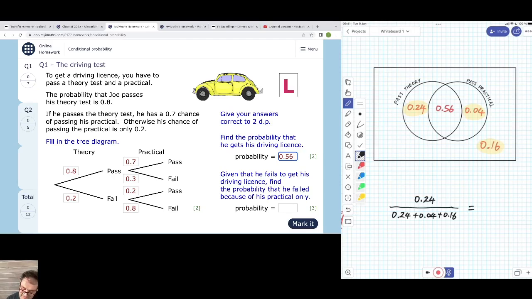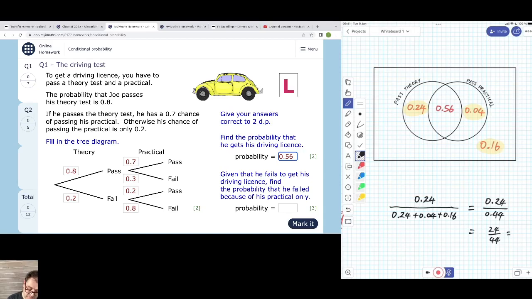That's the same as 0.24 over 0.44, which is the same as 24 over 44, which simplifies to 6 over 11, doesn't it?